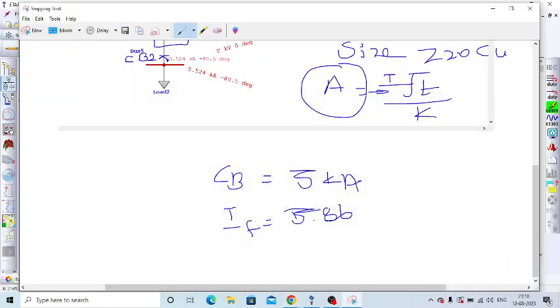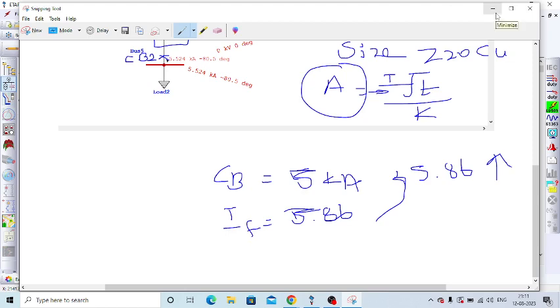Is this circuit breaker rating acceptable? No. When we compare with the fault current, the circuit breaker rating shall be above the fault current. So the minimum rating of the circuit breaker has to be 5.86 or above. But in this location, compared to the circuit breaker rating, the fault current is high.